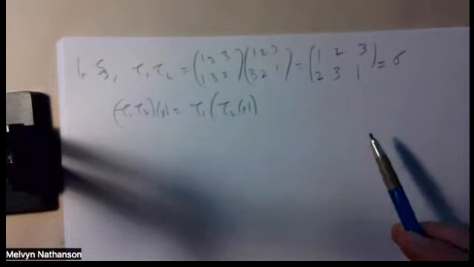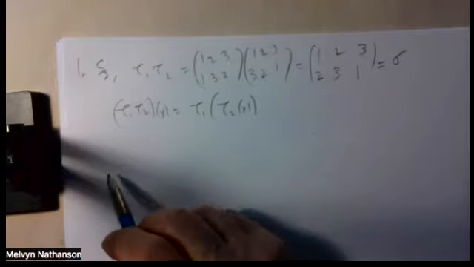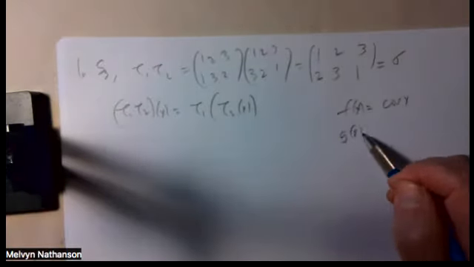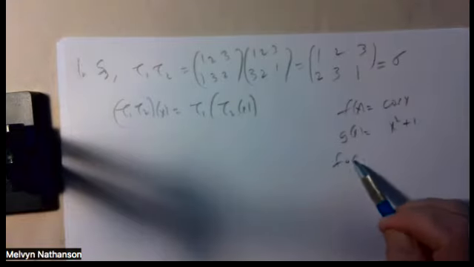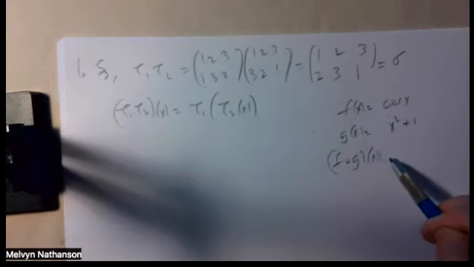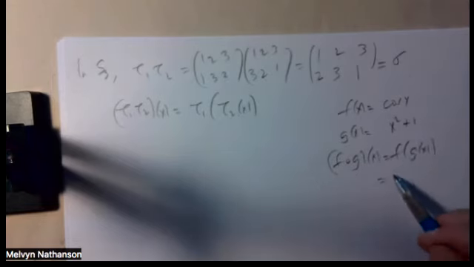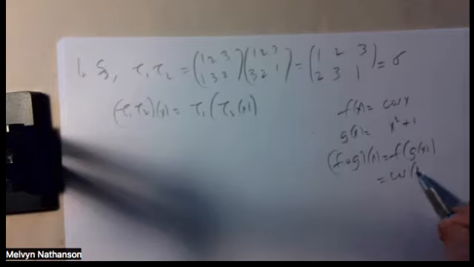It's just like calculus. If you have the functions f of x equals, I don't know, cosine x, and g of x is x squared plus 1, f composed with g of x, that's f of g of x, that's the cosine of x squared plus 1.